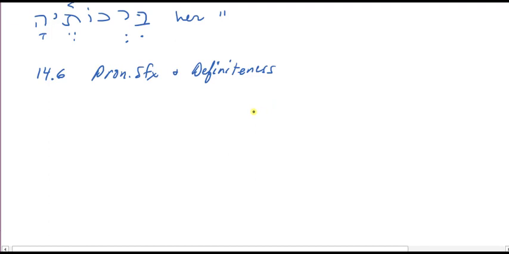Construct nouns that are definite cannot take the article in the construct state. They have to drop it, but you determine whether it's definite or not based on the second member of the construct chain. So there's things like that we have to consider. And what we need to know here is that when you add a pronominal suffix to any noun, you are, by definition, making it definite. Okay? If I say a horse, I'm not specifying any particular horse there. But if I refer to his horse, and I add the pronominal suffix o on sus to make it suso, that's his horse.